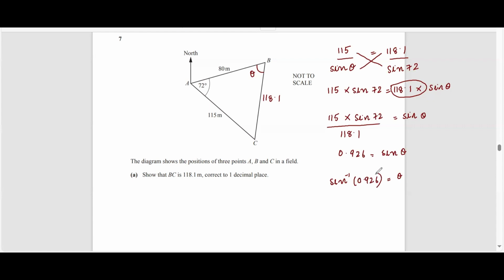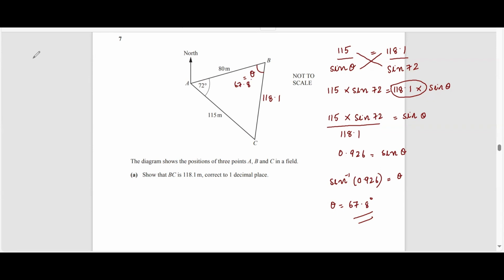Sine inverse of 0.926, we'll get the answer as 67.8. So theta will be 67.8 degrees. So this angle here, we got it as 67.8. So we are done with the B part. Angle ABC, we got it as 67.8.